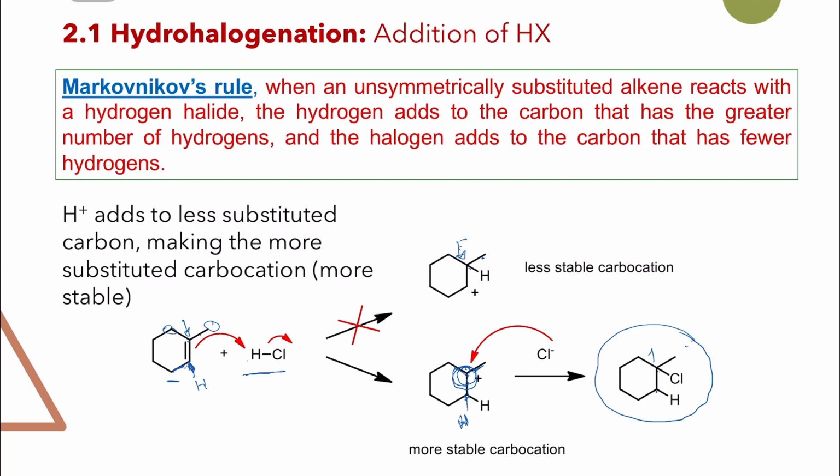It's very difficult to form this carbocation. It's much less stable, so it will not be formed. But this one is more stable and it will be formed. So the more substituted the carbocation, the more stable it will be and the faster the reaction rate.